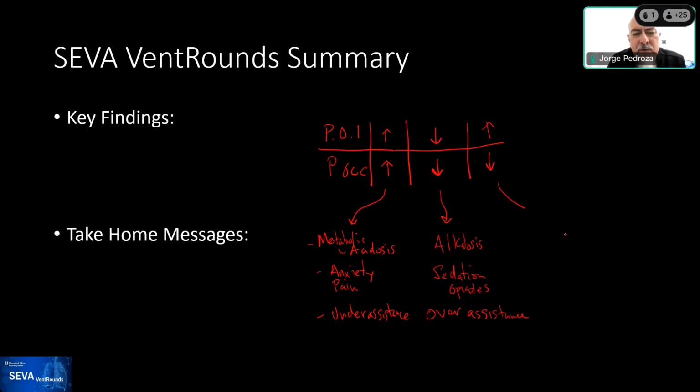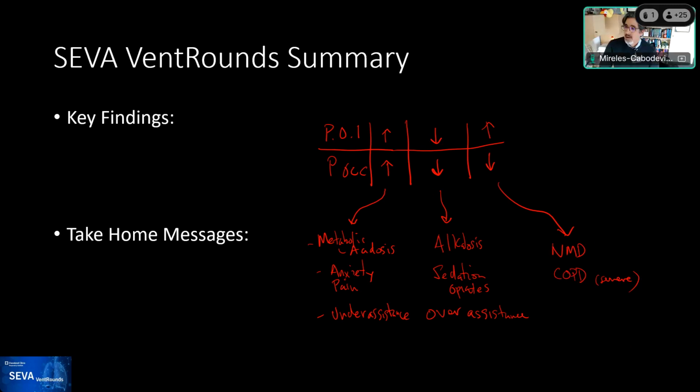And the final one is a high respiratory drive but with low respiratory effort. It's usually neuromuscular disease and also very severe obstructive lung disease. And so those are the etiologies we think of when we have these problems.